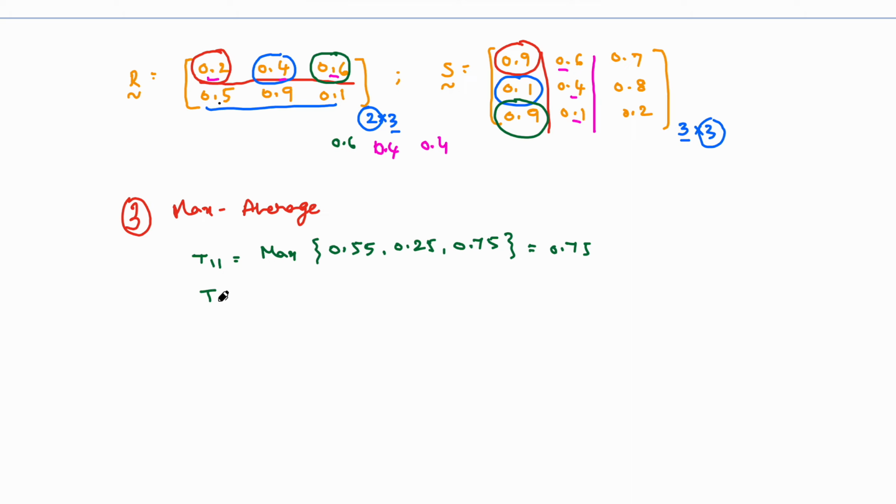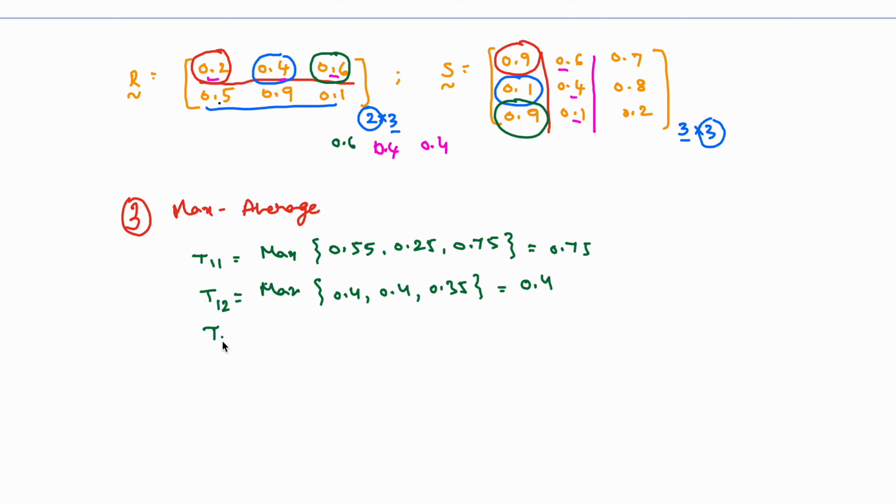And coming to T12, T12 will be equal to the maximum of the average of 0.2 and 0.6, which is 0.4. Average of 0.4 and 0.4 is 0.4. 0.6 and 0.1 is 0.35. So the maximum will be 0.4.